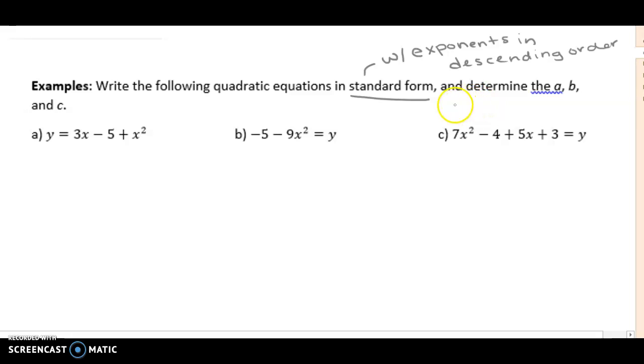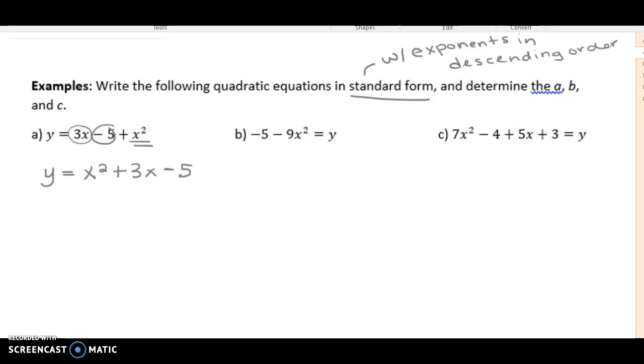So we want to find the biggest exponent first. Here, notice the x squared comes first. So to write it in descending order, I'm going to say y equals x squared, and then next is just the x, so plus 3x, and then the minus 5.